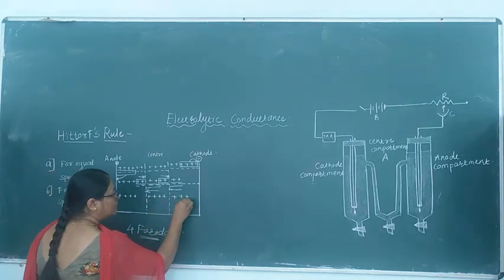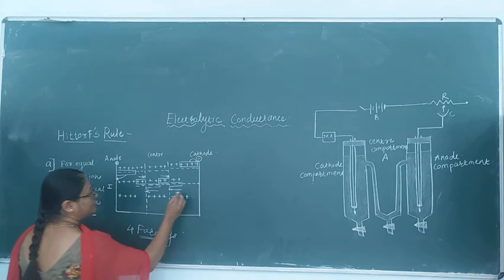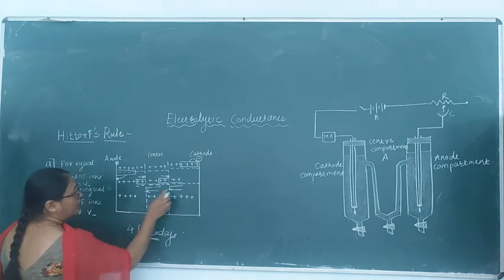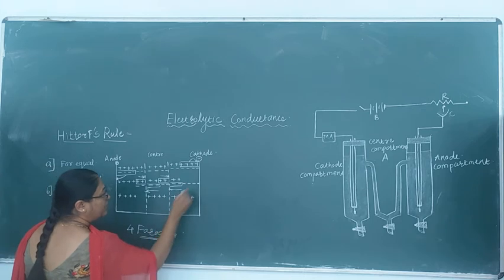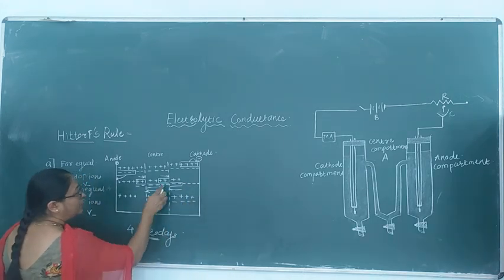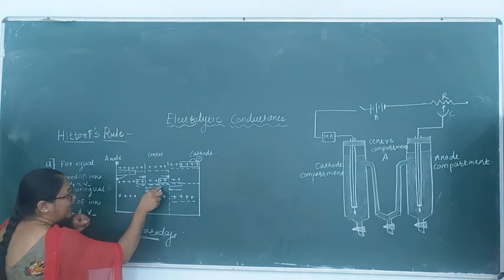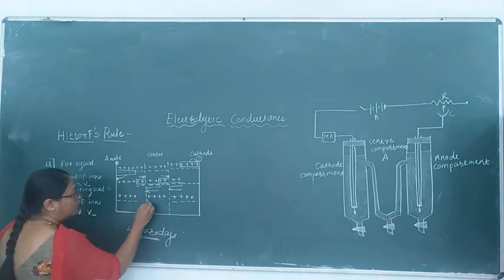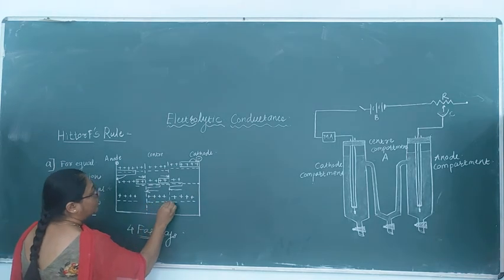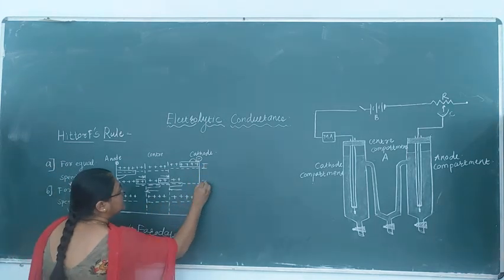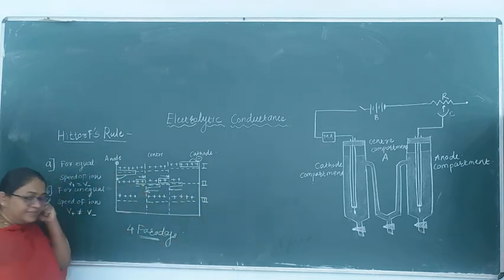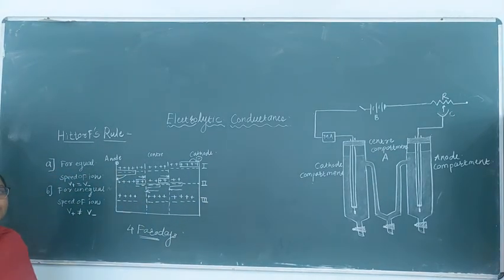So, 2 here, how many remaining? 4. 1, 2, 3, 4. 2 have migrated here, so total 6, and 2 again will migrate here. So these 2 and 2 more. So this is stage first, this is stage second, and this is stage third. This is the result of passing 4 Faradays of electricity.